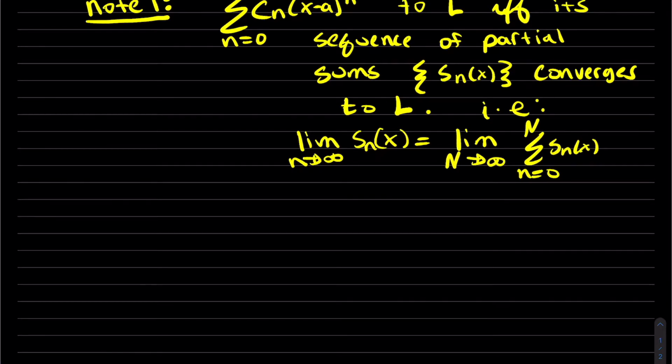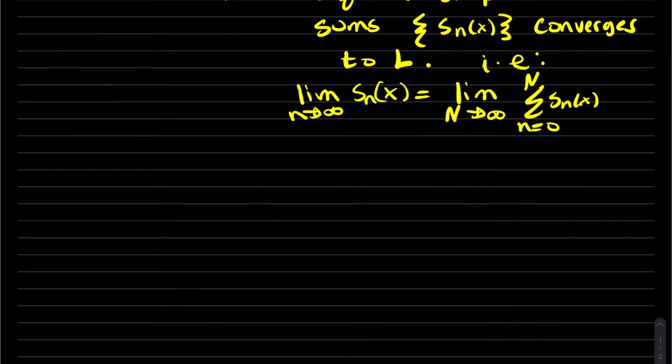So basically, the limit of the partial sums, this is the partial sum, as n goes to infinity, is equal to the infinite sum. So, on to my note 2.